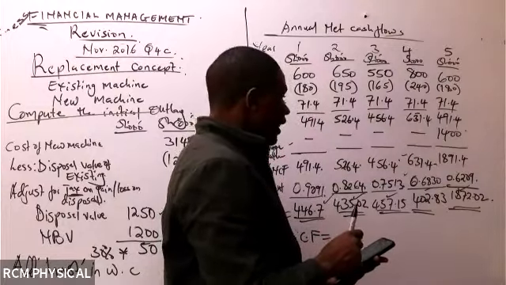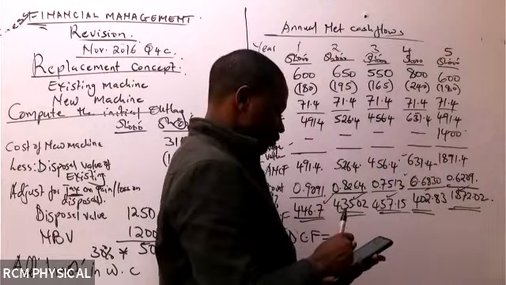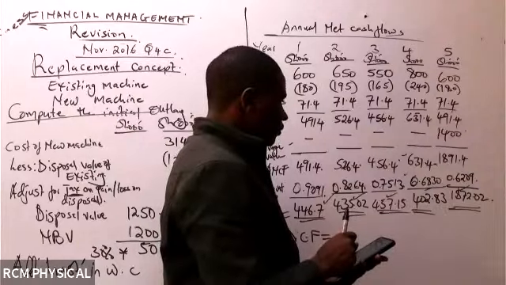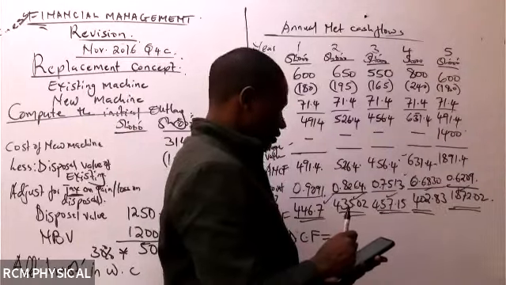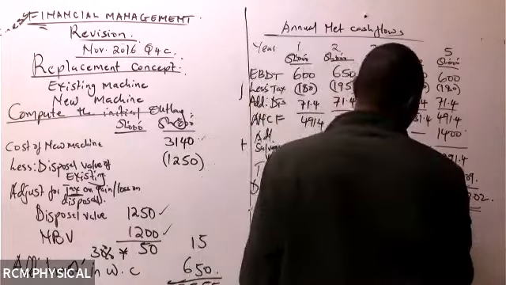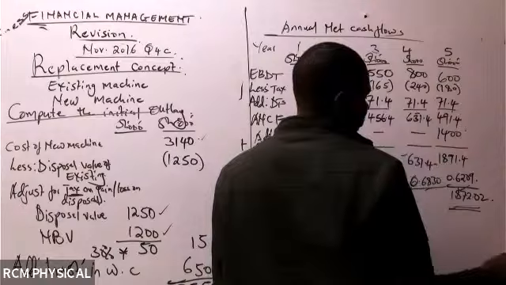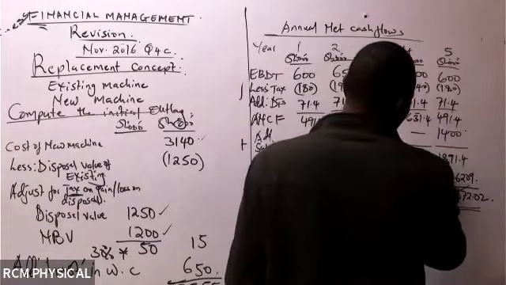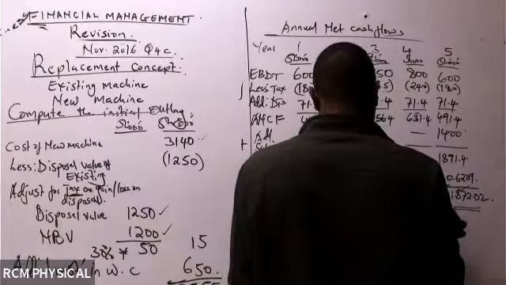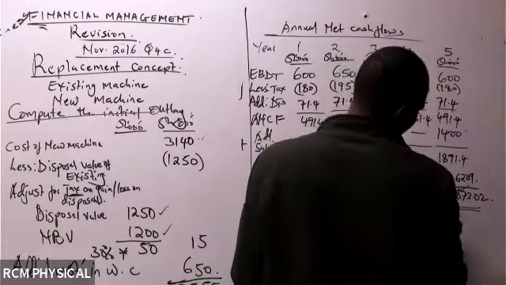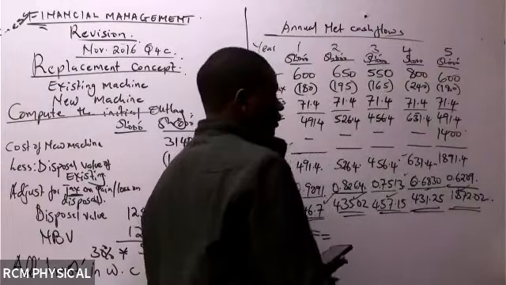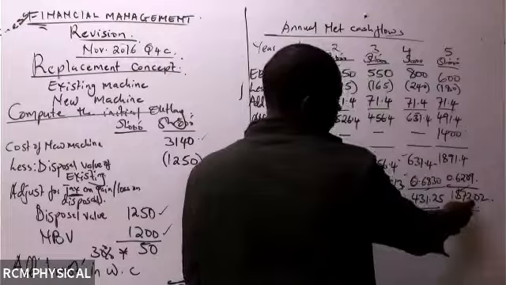See, I have 631.4 times 0.68, but that is not what I chose. The value of the current one for that one. Is it correct?